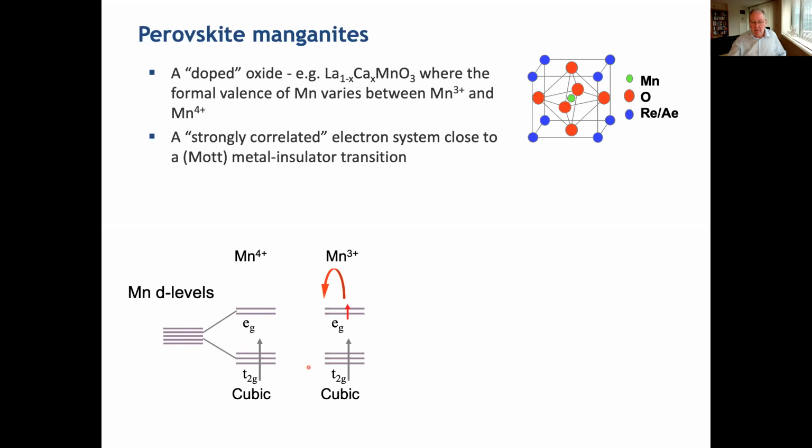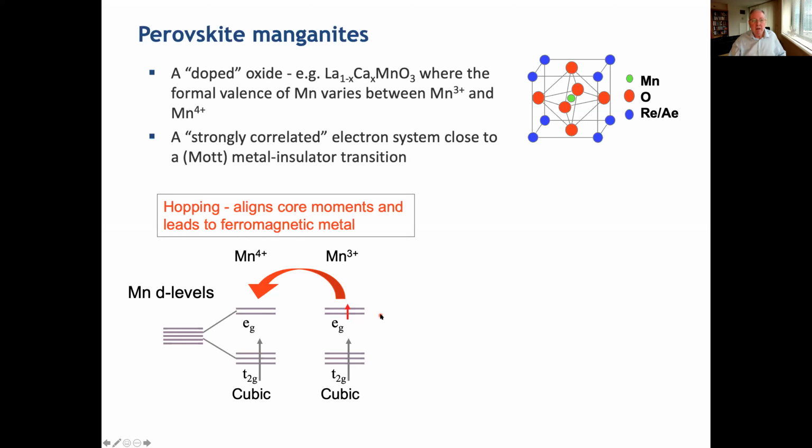If I go to manganese 3+, so that's at the lanthanum end of this, then there's an electron which is promoted into the e_g level up here. And this will normally, of course, want to hop around and try to make a metal. As it hops from site to site, it finds it easier to hop, of course, if this is aligned with the spin of the core, and therefore the kinetic energy, the hopping, promotes ferromagnetism.